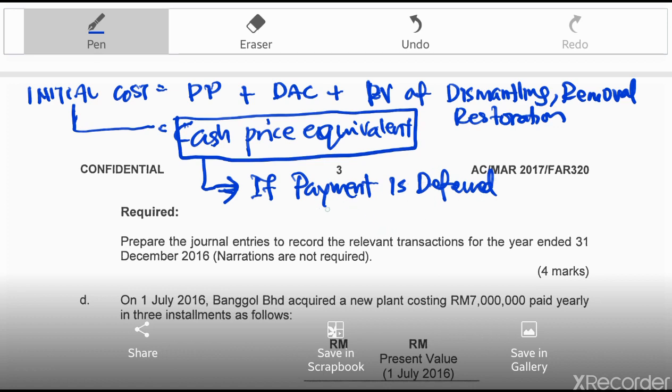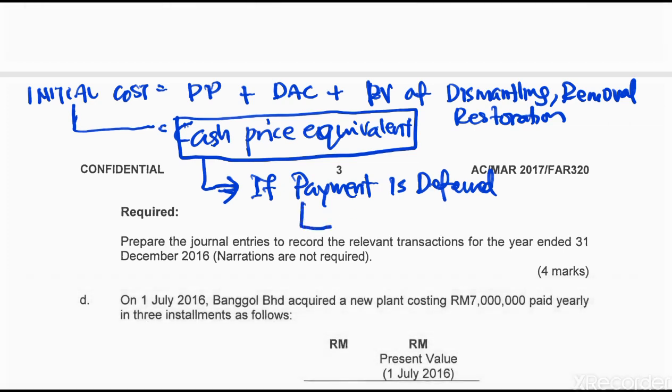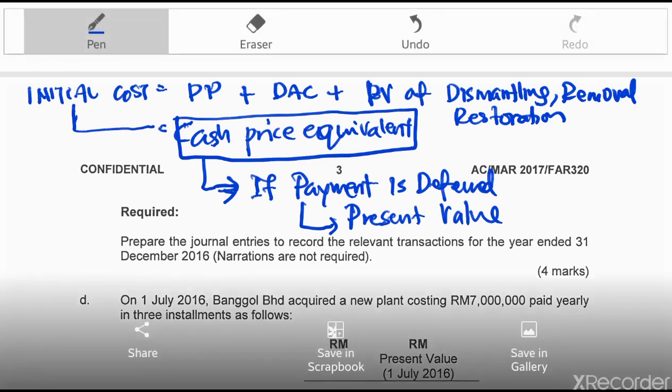And if payment is being deferred, the initial cost will equal the present value, meaning that if you are going to pay 1 million in 1 year's time, for example, what is the value of that 1 million today?